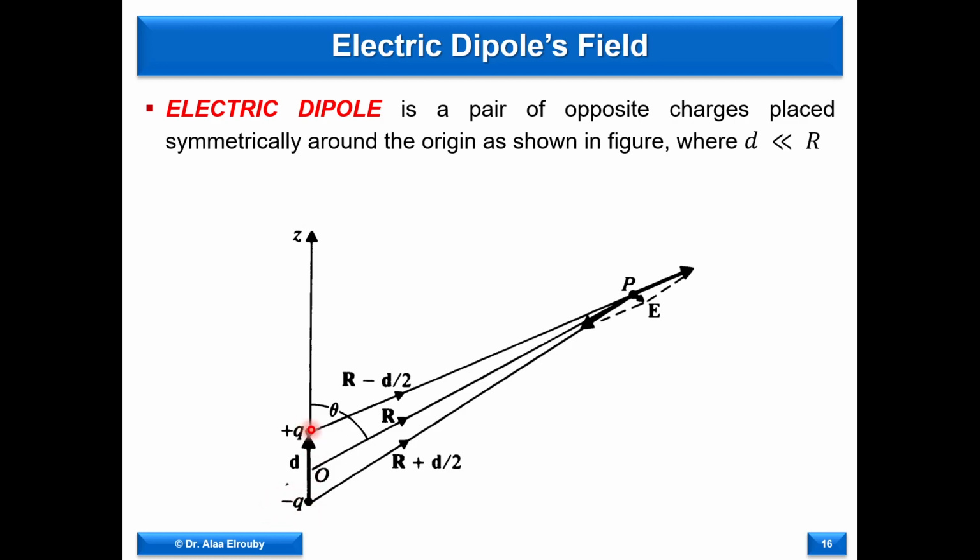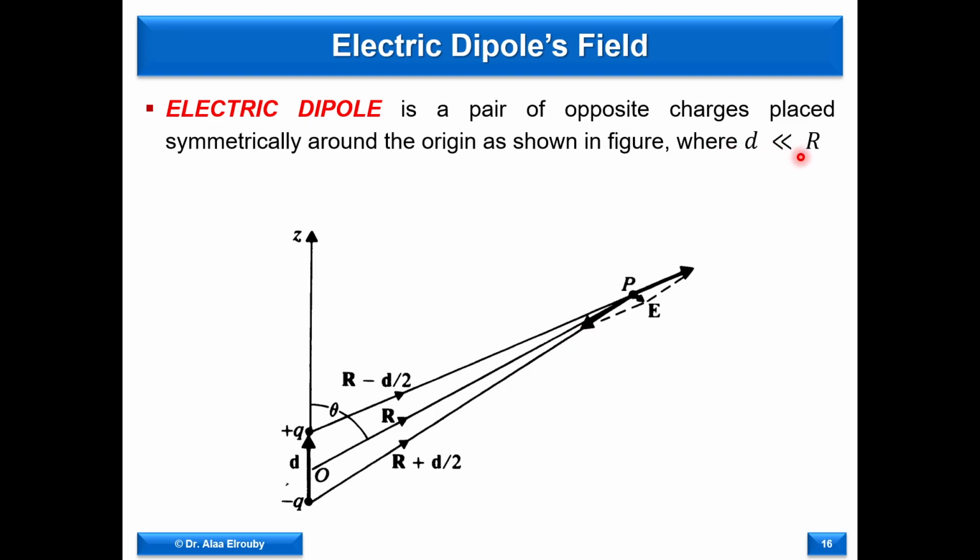So if we have a point charge q and another point charge minus q, we would like to find the electric field because of this dipole. Later on we'll see the values. There are many usages for the electric field associated with an electric dipole.